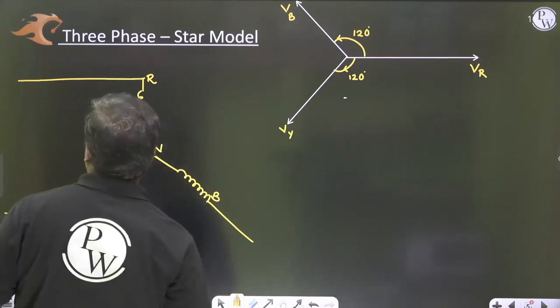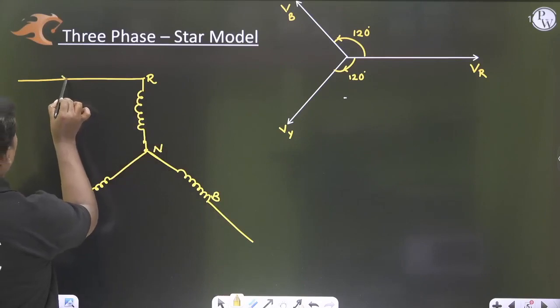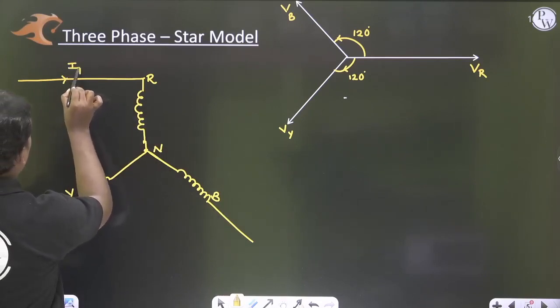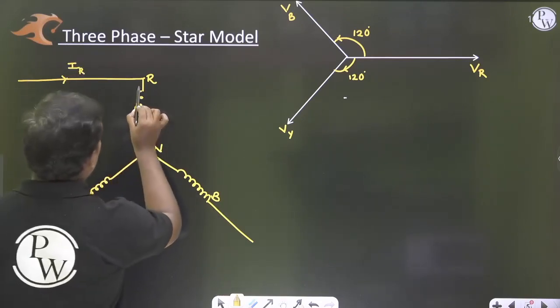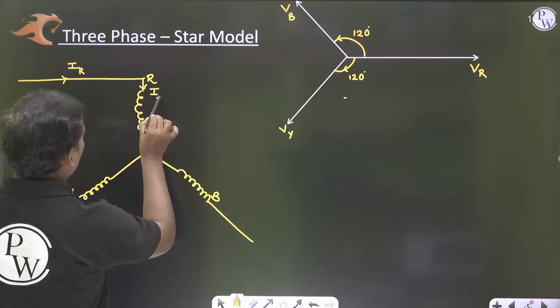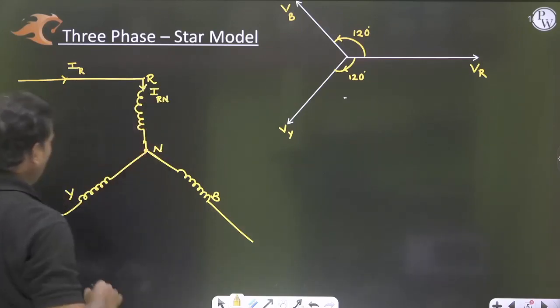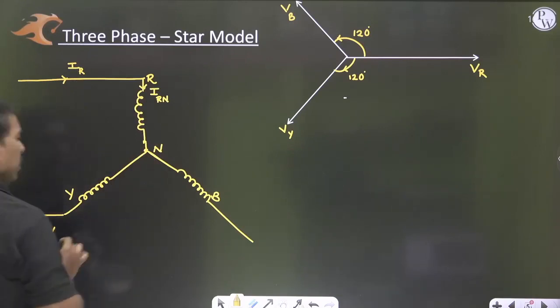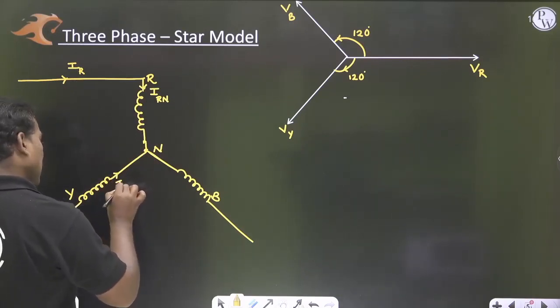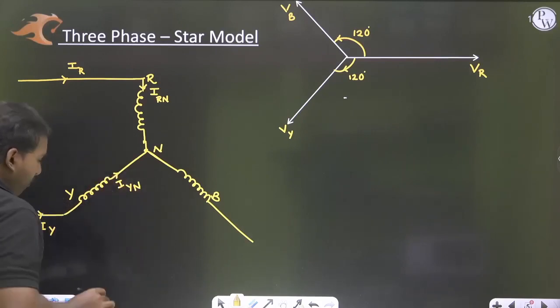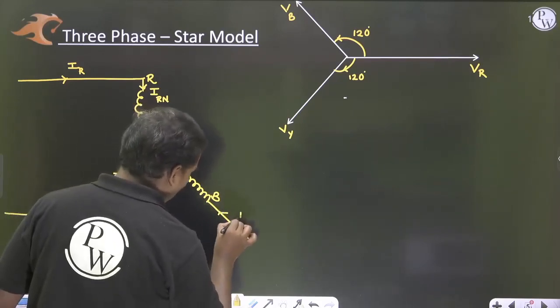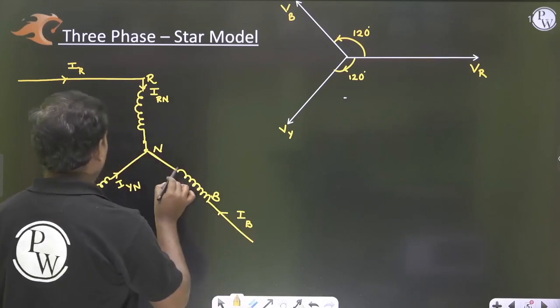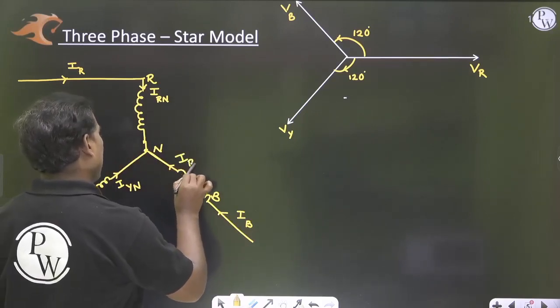Now here, the current passing through this is IR, and the phase current is IRN. This is IY, and the phase current traveling here is IYN. This is IB, and the phase current entering is IBN.